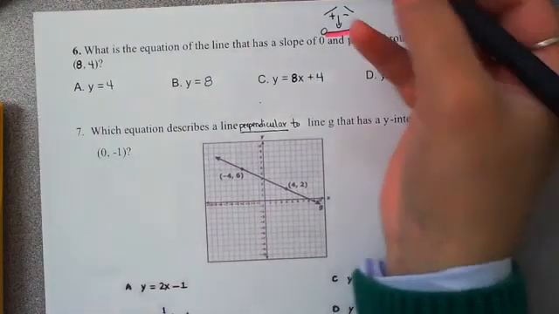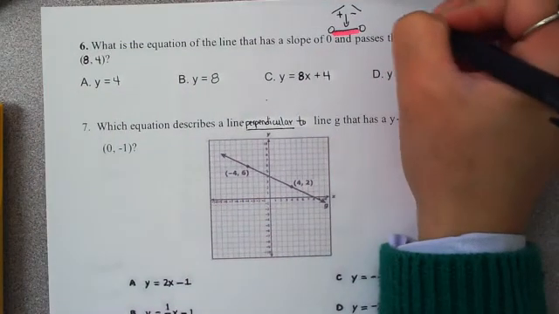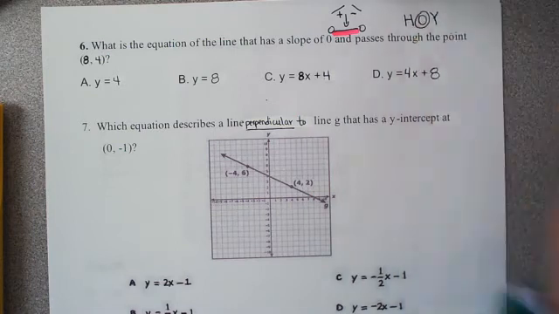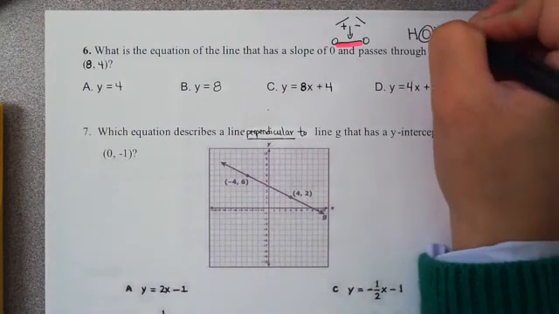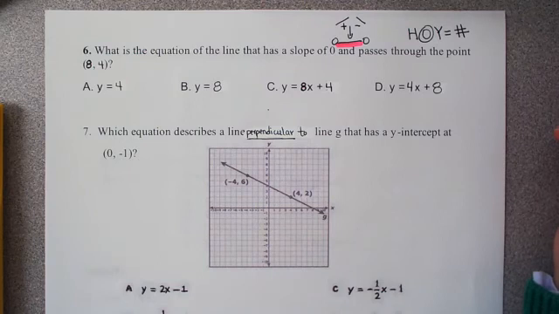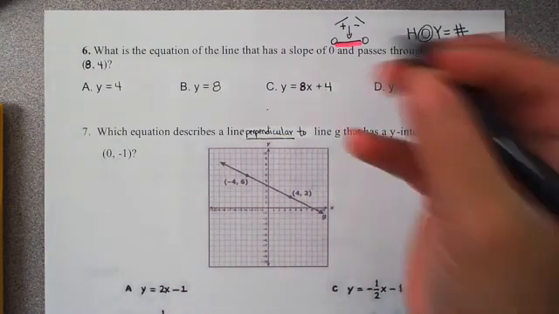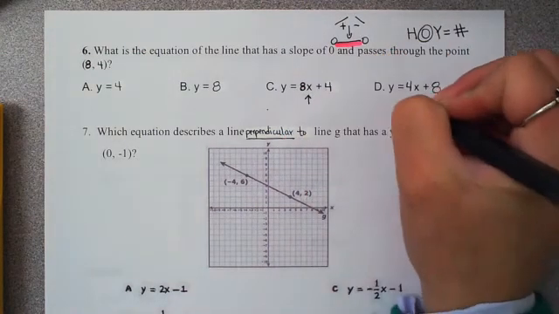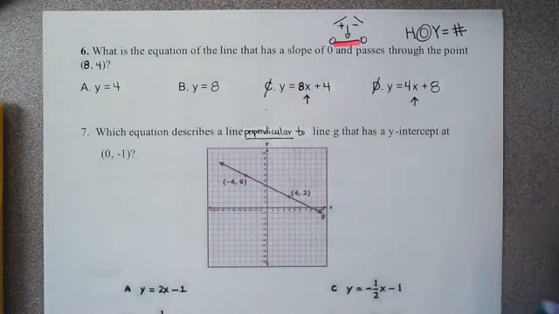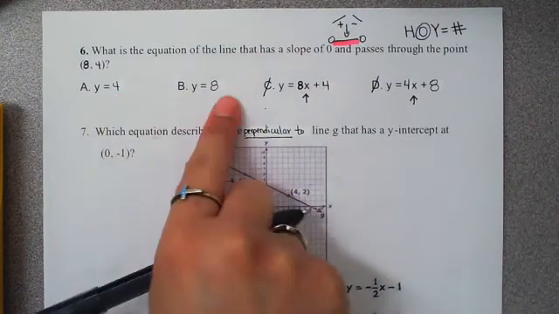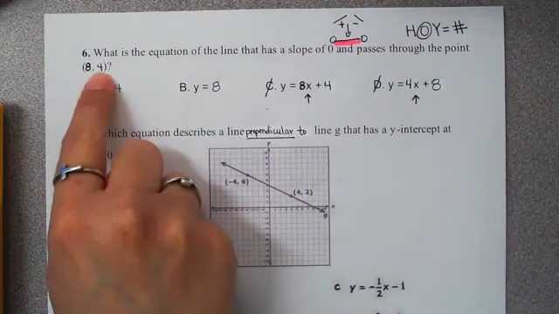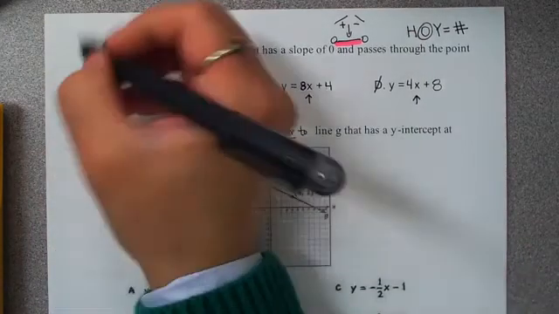There is only one type of line that has 0 slopes, and that is your Hoy's. Hoy's have 0 slopes. And their equations are always just y equals a number. They don't have x's. It's just y and the number.